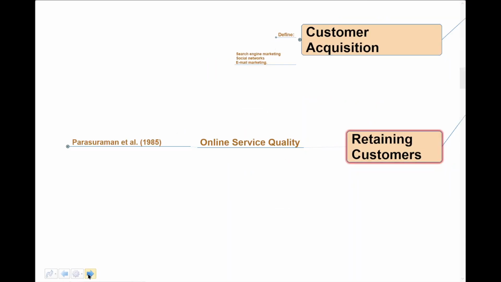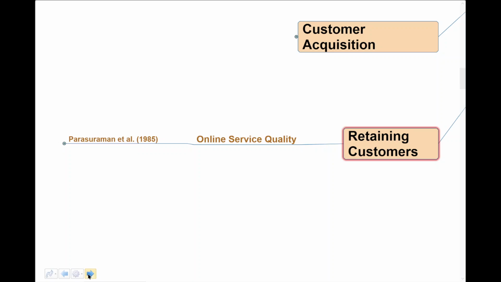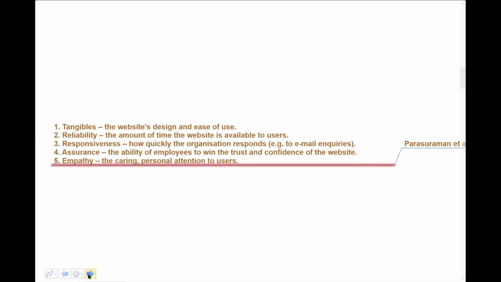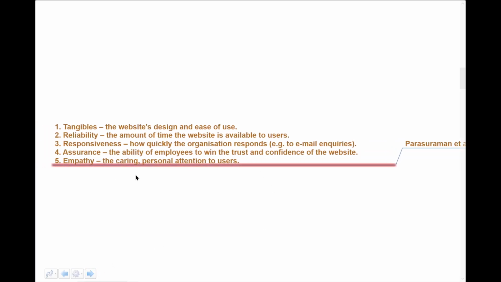Now, there's a difference between acquiring a customer and indeed keeping them. And the key point here, I think, is quality. In other words, how do you maintain quality? Quite a few things. First things first, the website itself. There's nothing more frustrating than using a website that has glitches, or that is difficult to navigate.